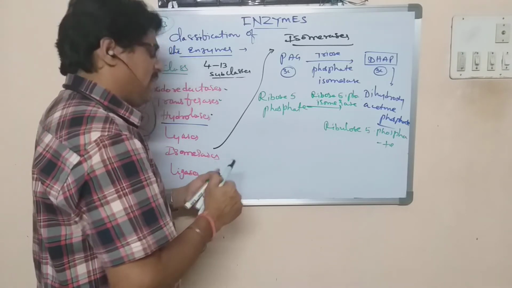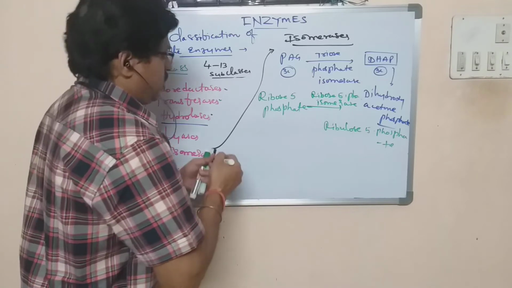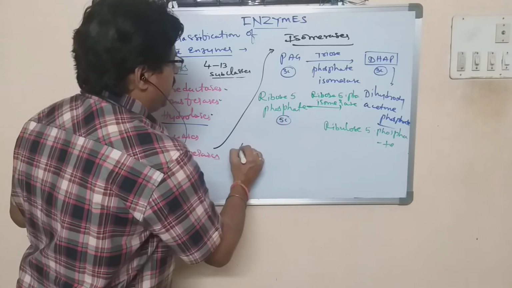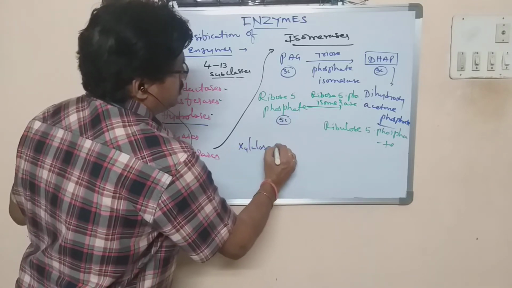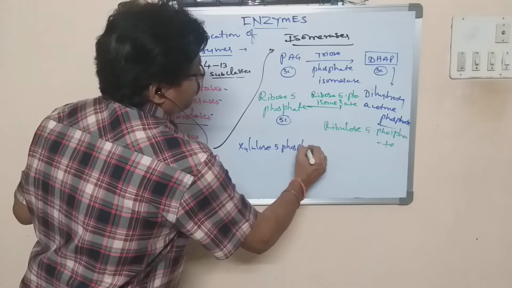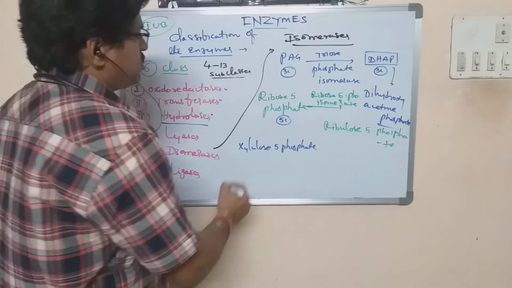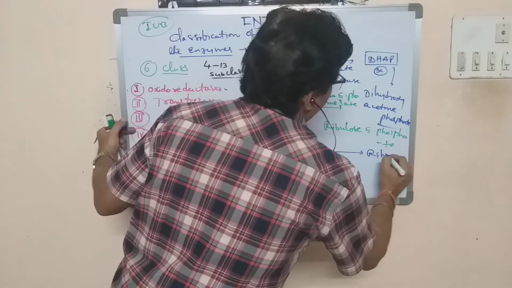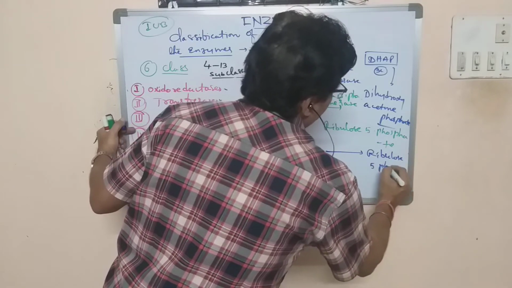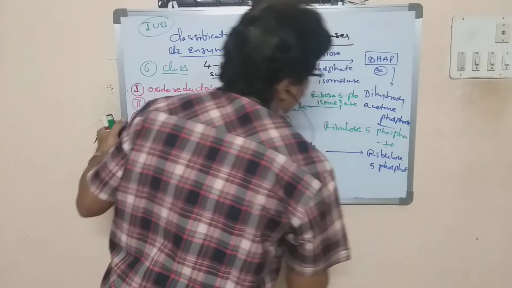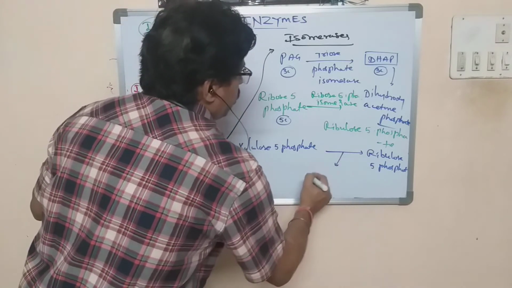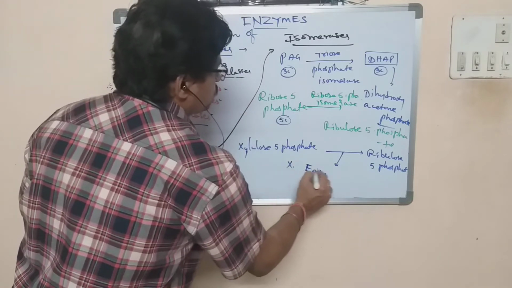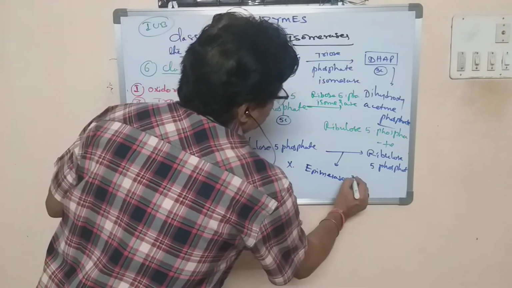Now another example. Take another 5-carbon compound, xylulose 5-phosphate. It is converted into ribulose 5-phosphate in the presence of the enzyme xylulose 5-phosphate epimerase, an isomerase.